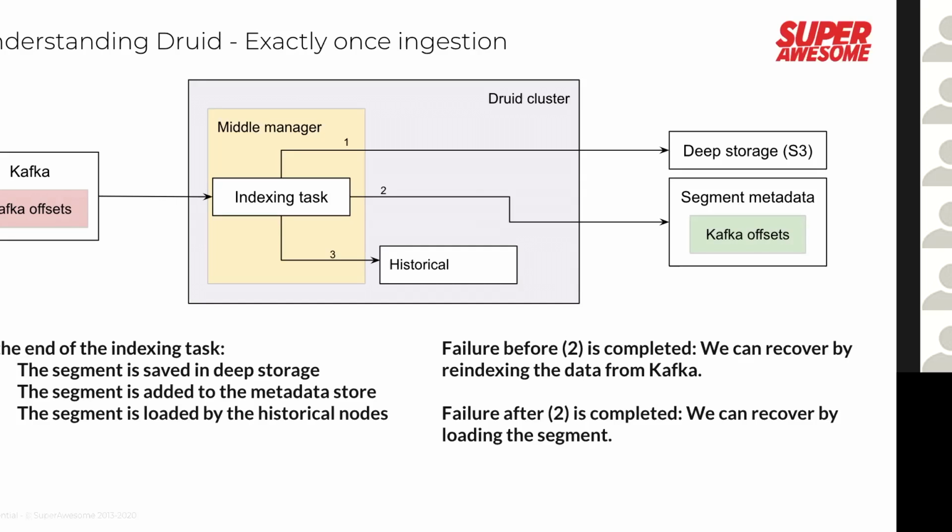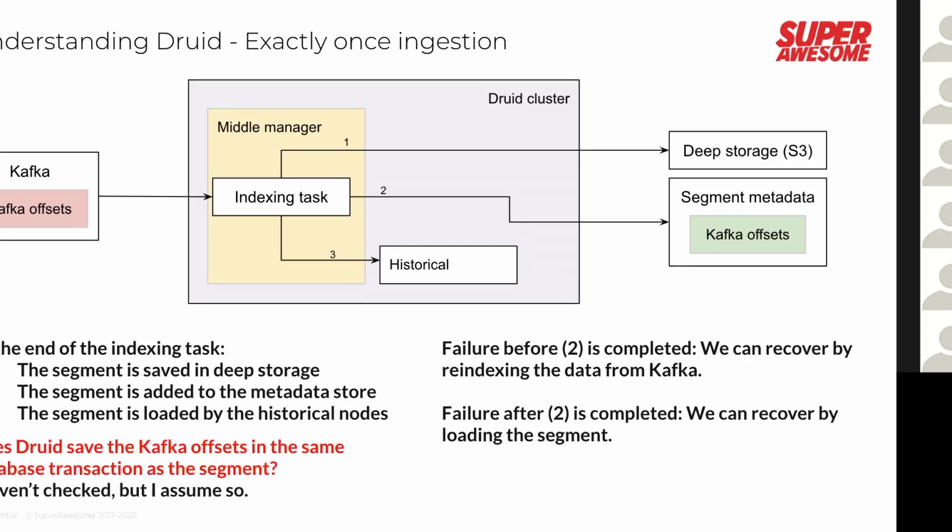So you can see that can cause an issue, because if the progress of the indexing task is stored here and the state of the segment is stored here, you could get in a situation where one has been updated and not the other. But Druid stores its offsets in that segment metadata database, which means that Druid can be told at the same time that the segment exists and that the data has been indexed.